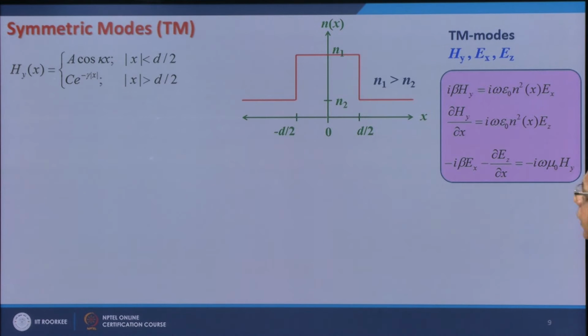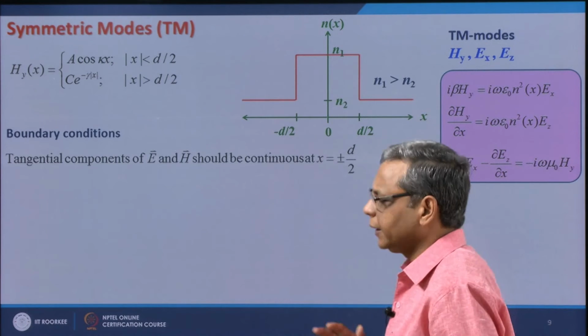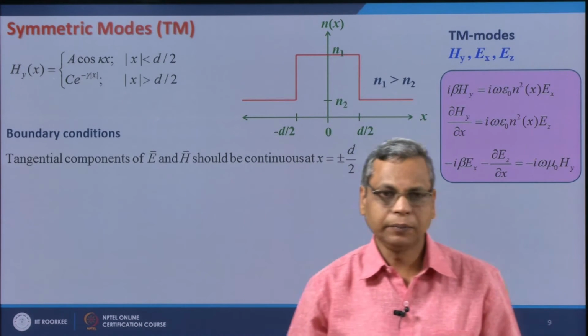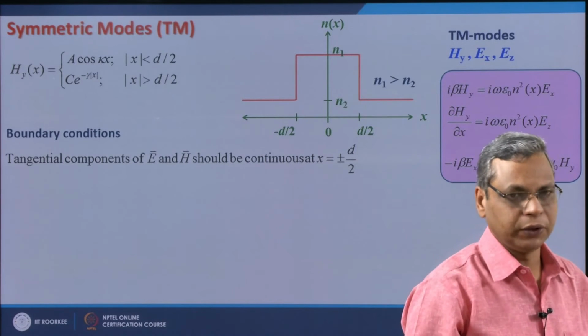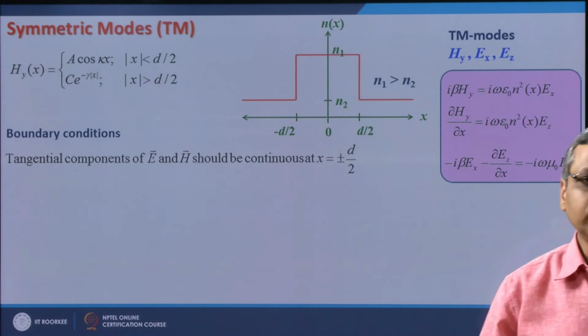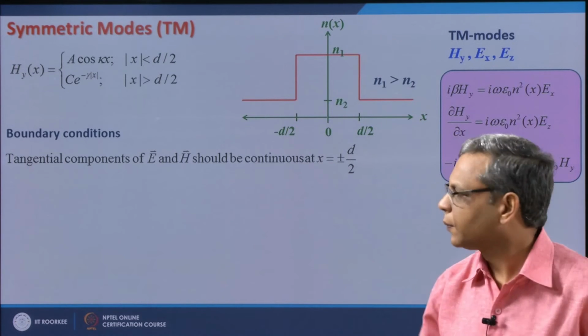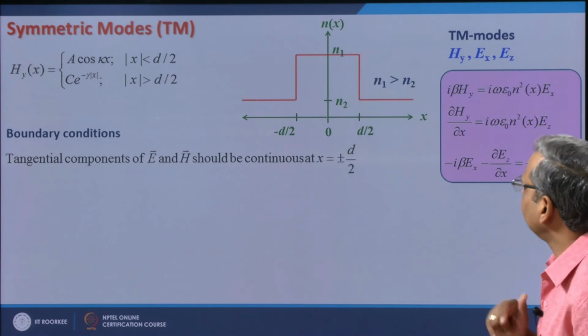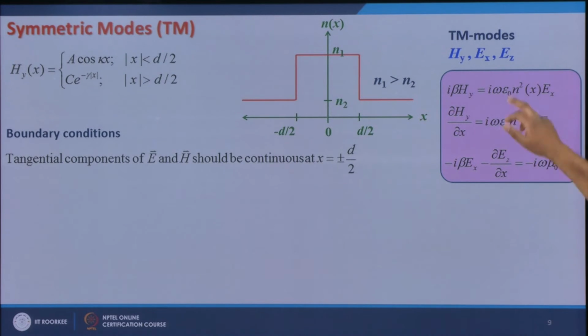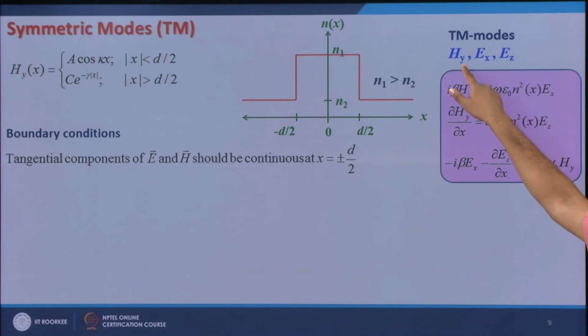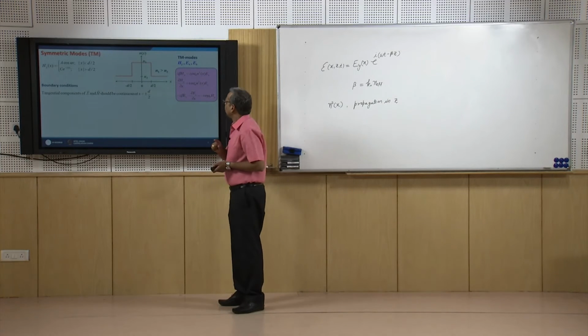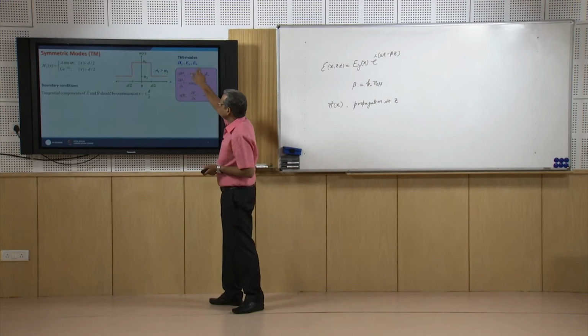And what are the boundary conditions? The boundary conditions are again the same. The tangential components of E and H should be continuous at x is equal to plus minus d by 2. What are the tangential components here? If I look at TM modes, the non-vanishing field components are Hy, Ex and Ez. So, the components tangential to the x is equal to plus minus d by 2 planes are Hy and Ez.